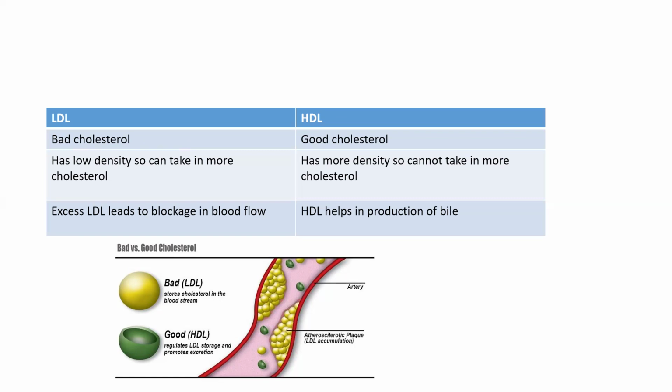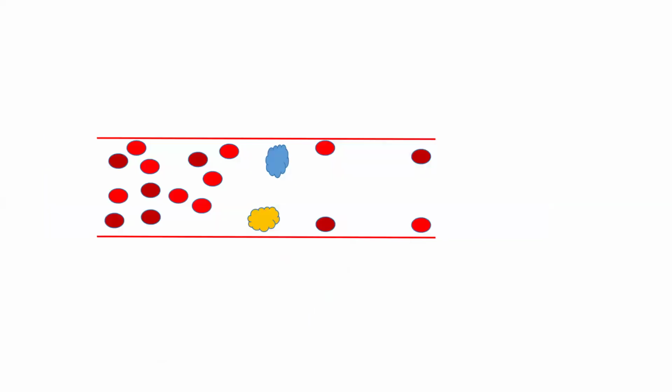Now coming to how this plaque buildup actually works. When more dietary cholesterol is consumed, that is fatty foods and animal-based products which contain a high amount of cholesterol, when they are consumed in excess, it leads to excess LDL production in the body.